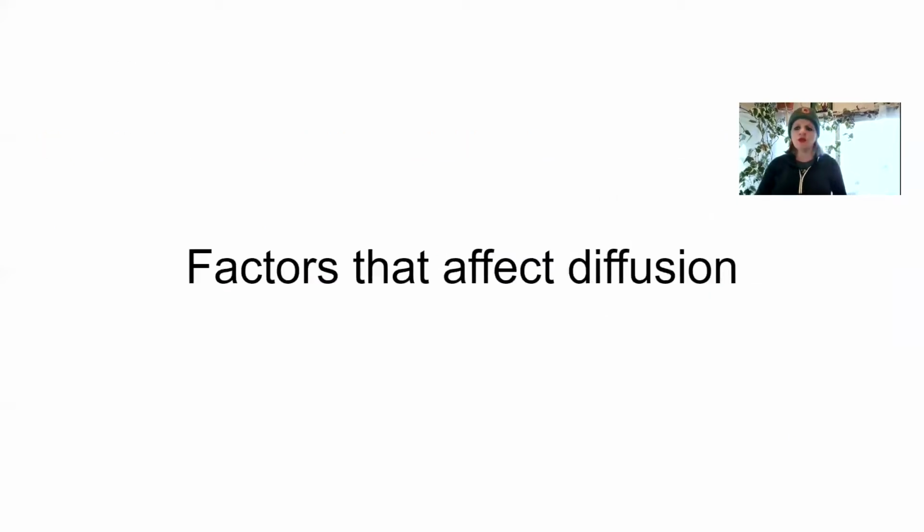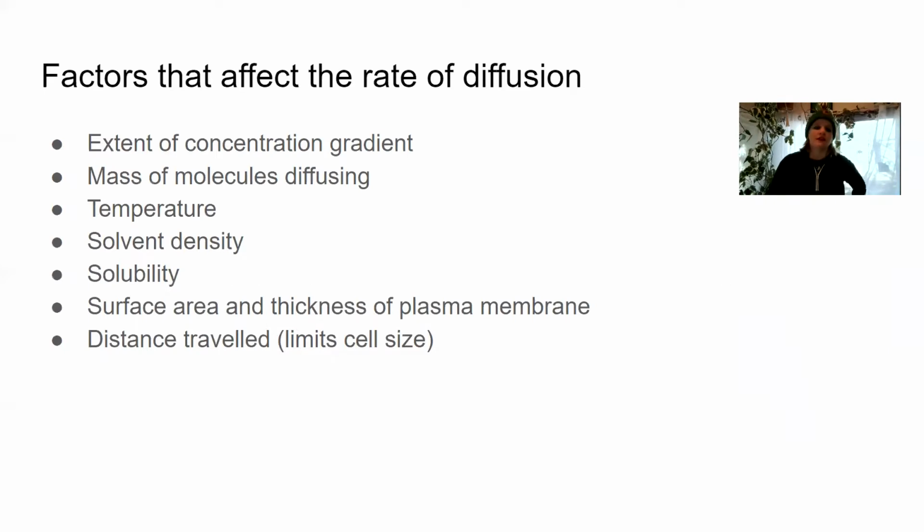Okay, so what are some things that can affect the rate of diffusion? Oop, I just lost my focus. Oh well. So things that can affect diffusion are how strong that concentration gradient is, and how big the molecules are that are doing the diffusing.